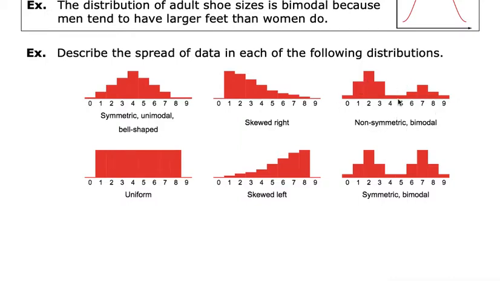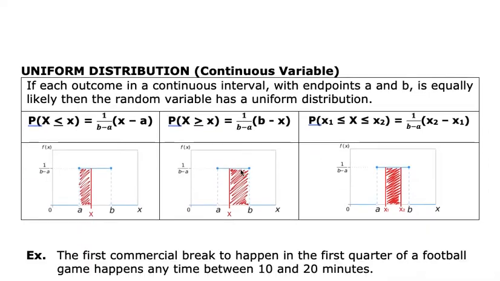So there are two peaks, but they're not equal, and that means it's bimodal but non-symmetric because this one is clearly larger than this one. This is called a uniform distribution, meaning that the probability of each outcome is equally likely. Skewed left, the tail is on the left-hand side. Symmetric bimodal, both are equal sizes, symmetric, and bimodal meaning that there are two peaks or two averages.